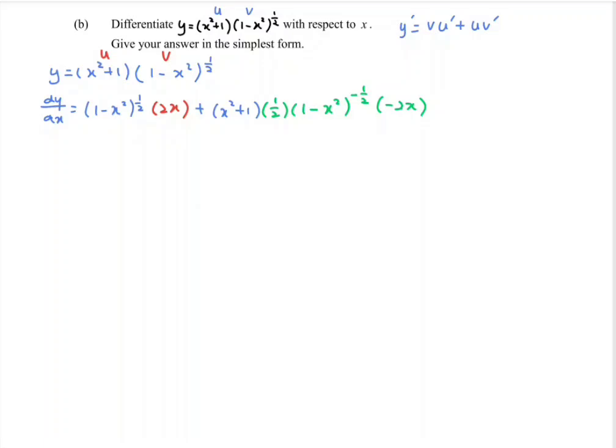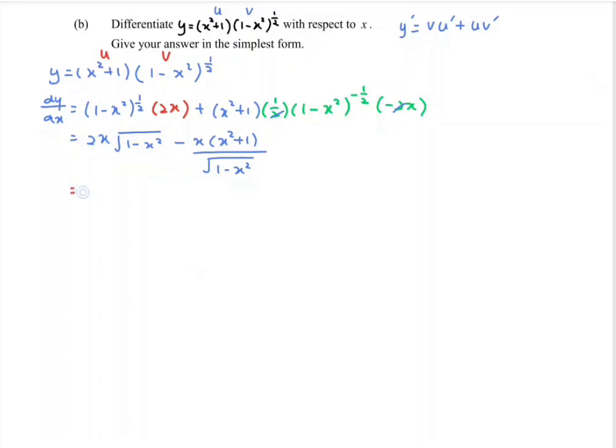Continue. Try to simplify the situation given. So here we will have 2x(1 minus x squared) to the power of 1 over 2. For this case, we can simplify. So we have negative x multiplied by (x squared plus 1) over the square root of 1 minus x squared. Kindly equate the denominator.